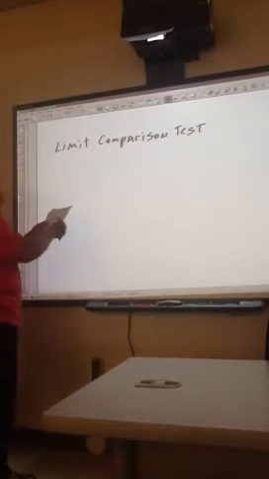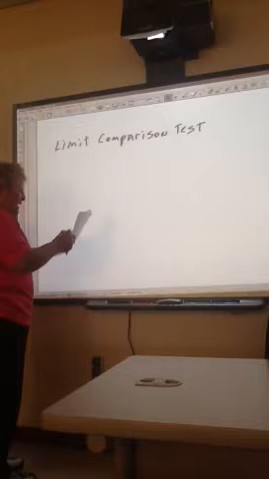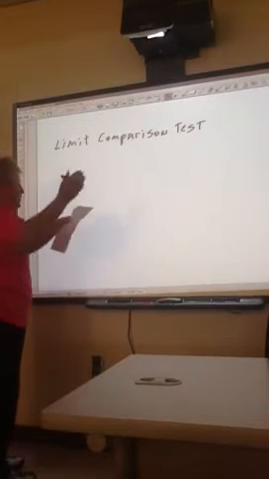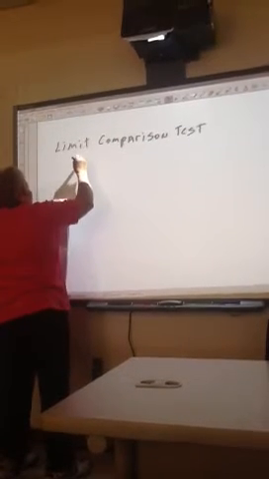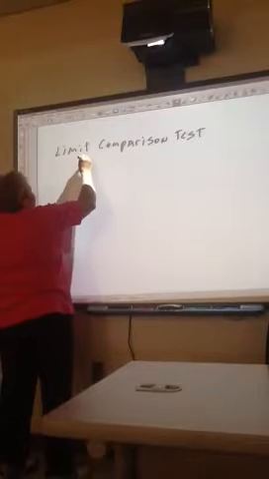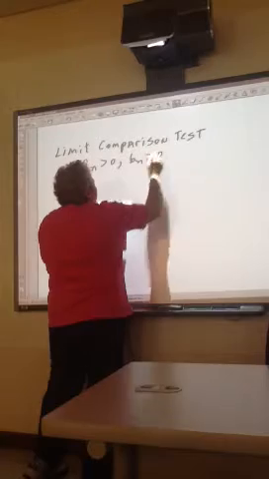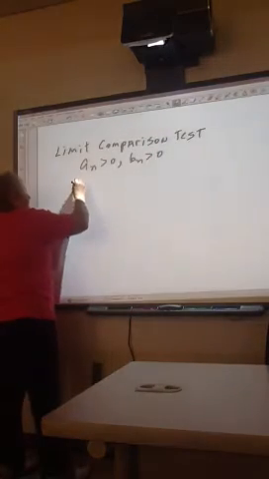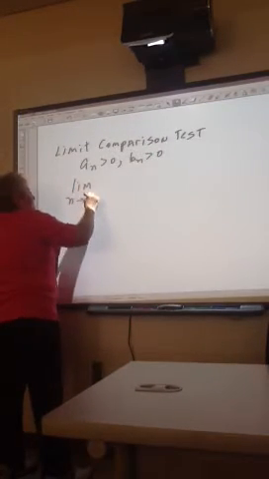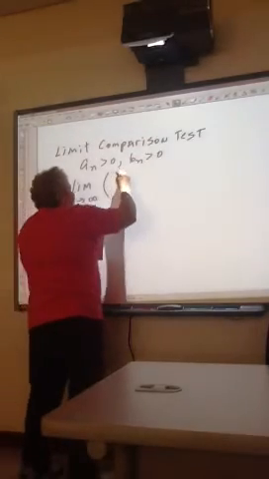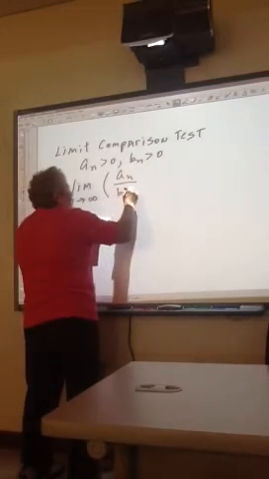This one, all we have to do is set up a limit. And you know I love L'Hopital's rule. So here's what happens. We've got two positive term series, and we take the limit as n approaches infinity of a sub n over b sub n.